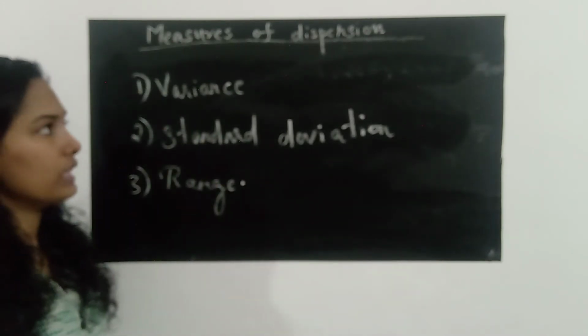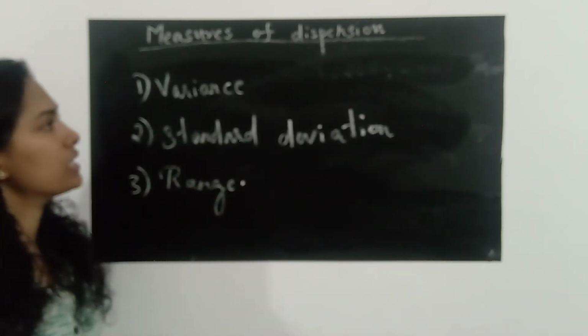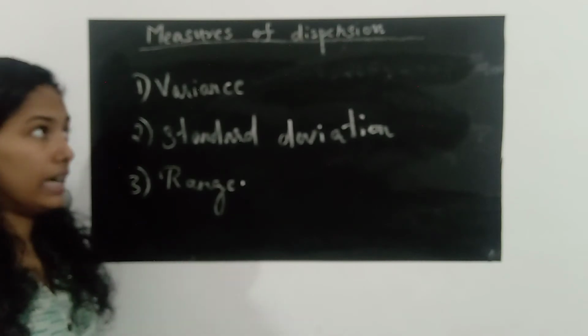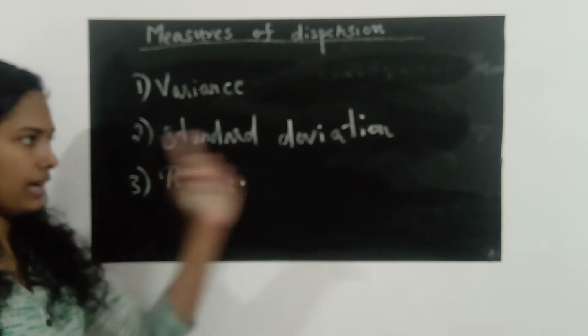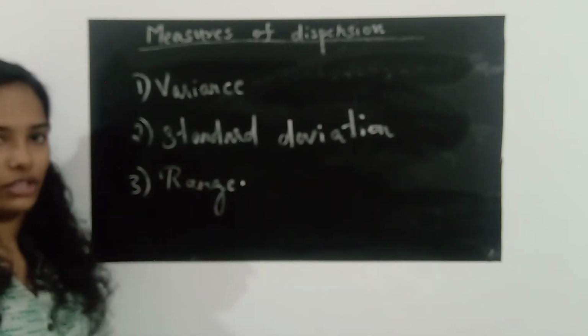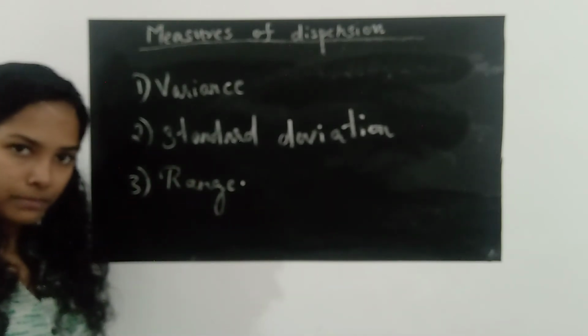So the dispersion of the items in a data set can be described using either variance, standard deviation, or range.